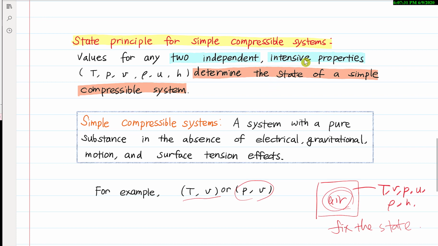What are intensive properties? An intensive property is independent of the amount of mass. So temperature, pressure, specific volume, density, specific energy, internal energy, and enthalpy are examples of intensive properties.